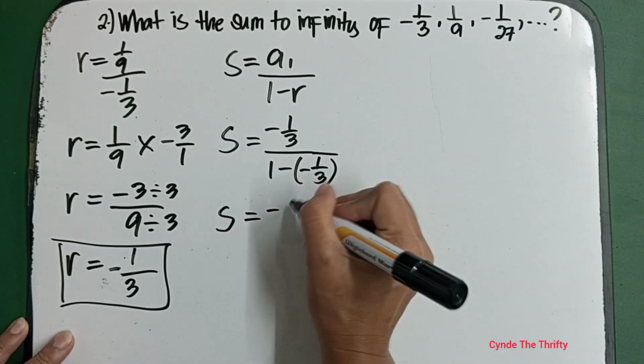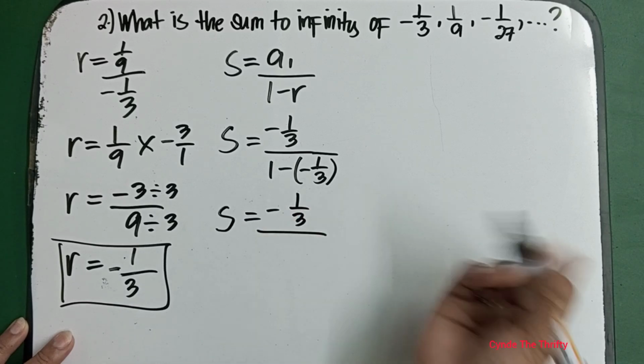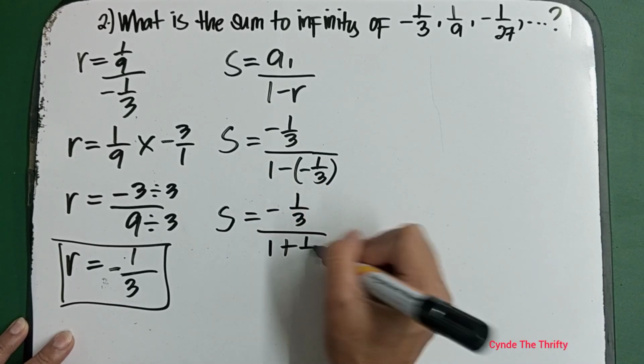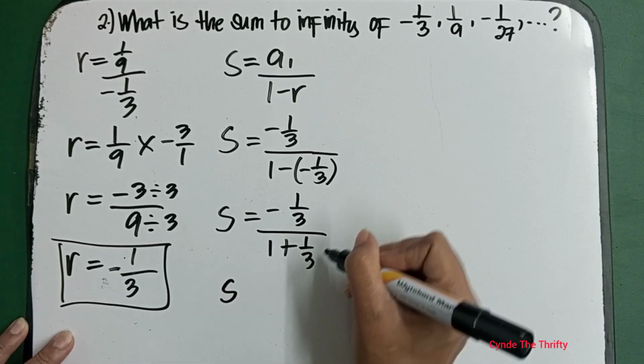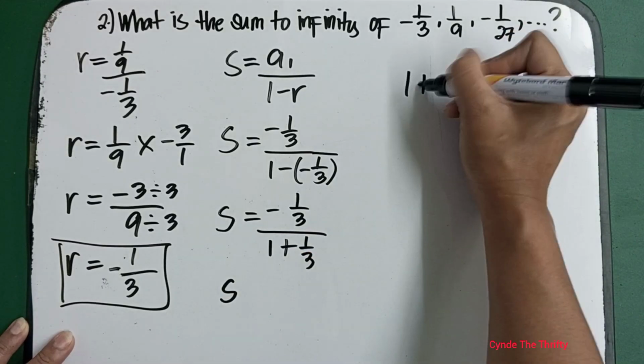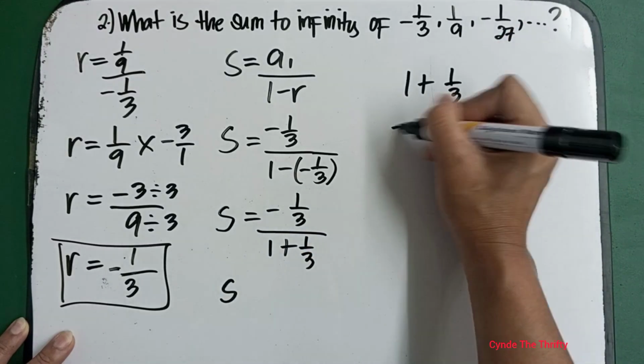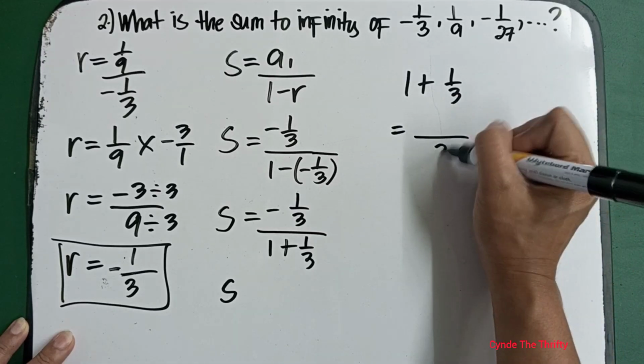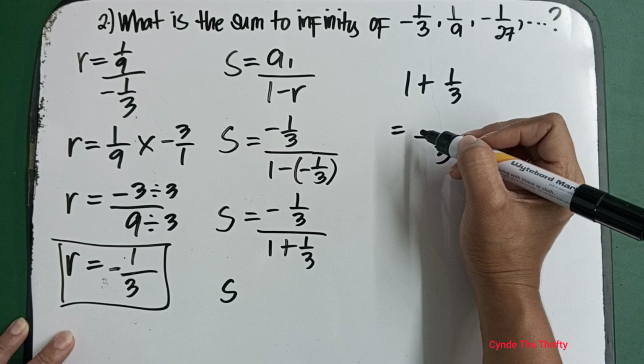Okay? So, negative 1/3 over 1. Negative times negative, magiging positive siya. 1/3. So, isolve lang natin itong 1 plus 1/3. Same pa rin, kukunin natin ang LCD. So, ang LCD nila is 3 kasi si 1 ang denominator niya is 1.